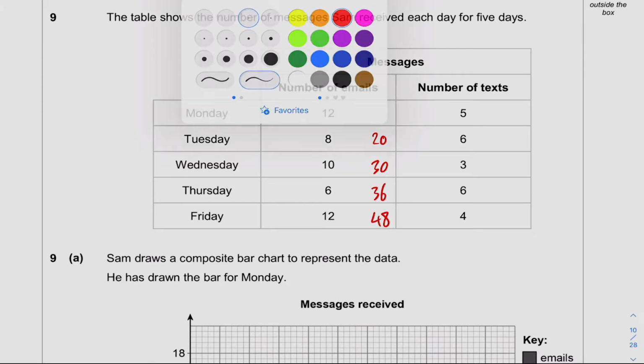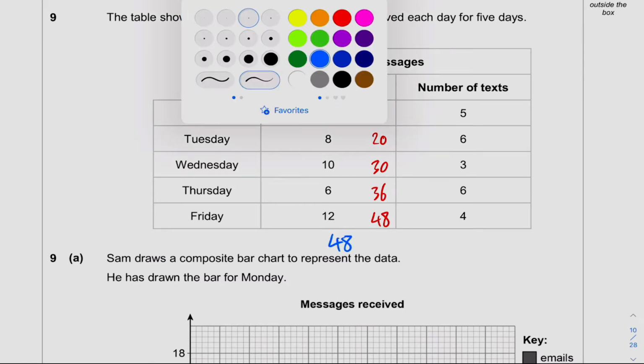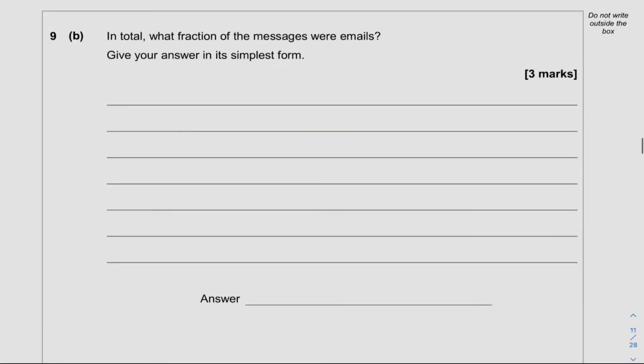So in total, we have got 48 emails. And then we'll do the same for the number of texts. So 5 plus 6, 11, plus 3, 14, plus 6, 20, plus 4 is 24. So we have got 24 texts. So the total number of messages is 48 plus 24, emails plus texts, and this is equal to 72.